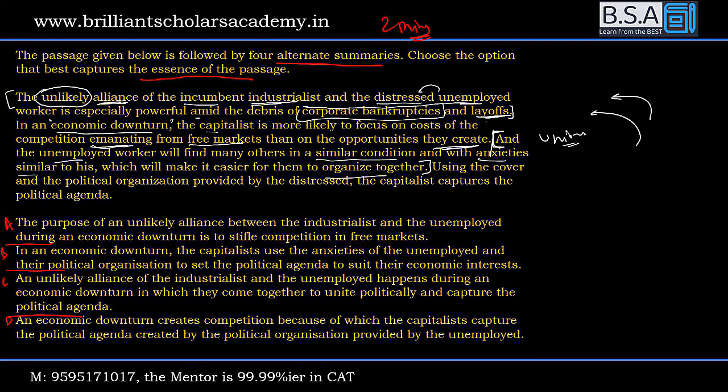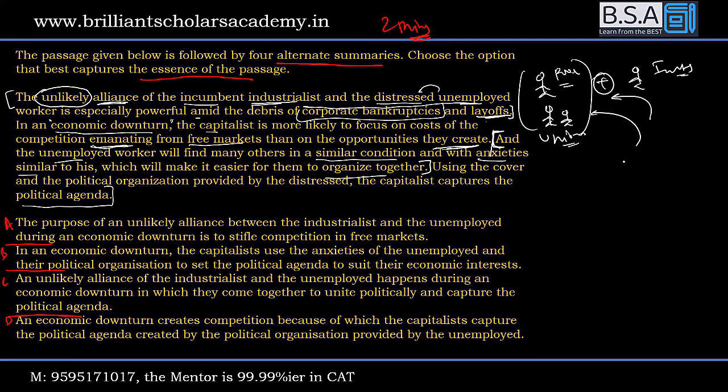Using the cover and the political organization provided by the distressed, the capitalist captures the political agenda. Understand this carefully. In this case, there is a poor fellow who has lost his job, and an industrialist who has maybe gone bankrupt. These two came together. How? Here, the poor people are organizing together because they are all in a similar situation.